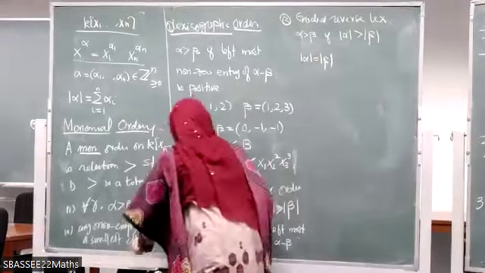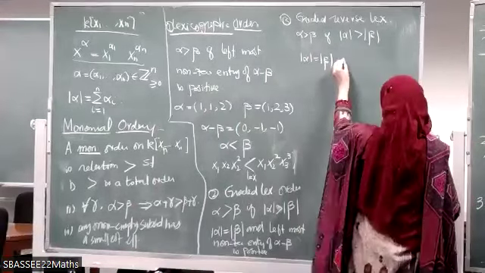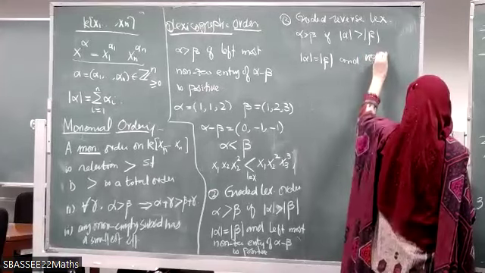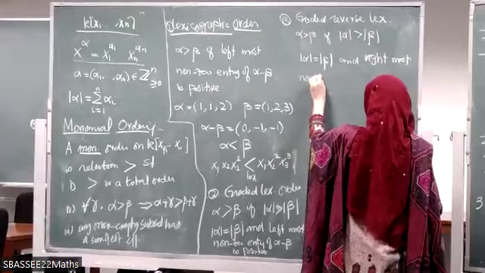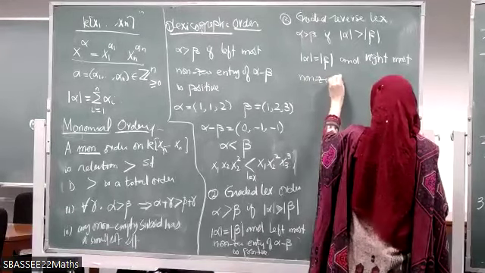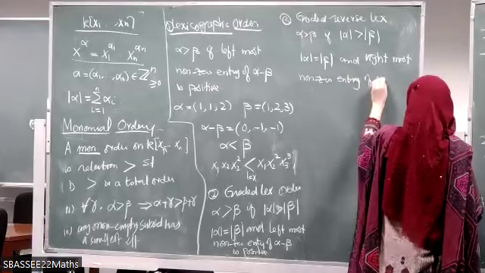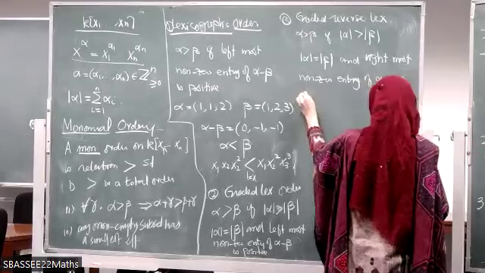Here you need to check not from the leftmost, but you will check the rightmost non-zero entry of alpha minus beta is negative.